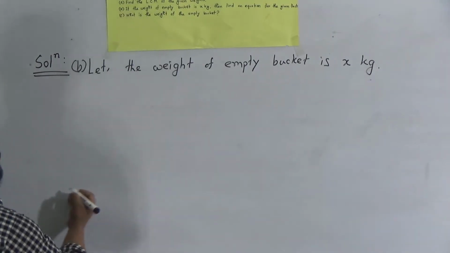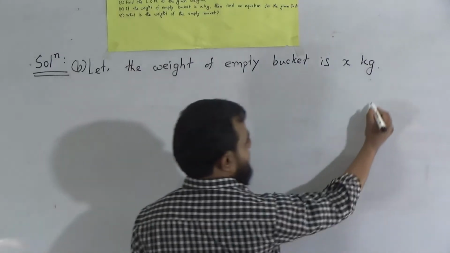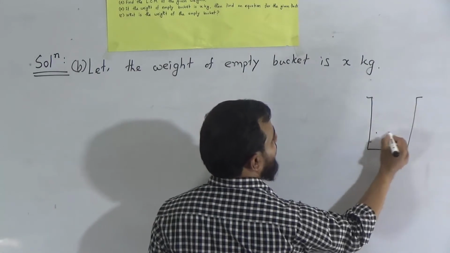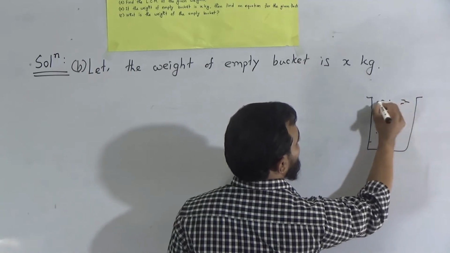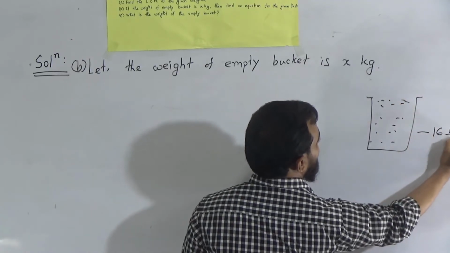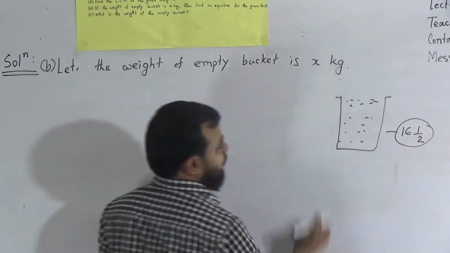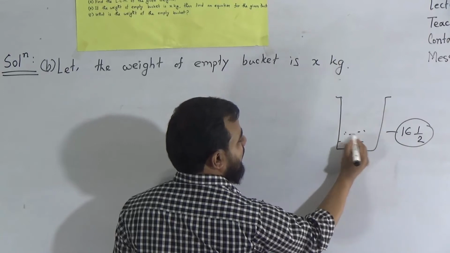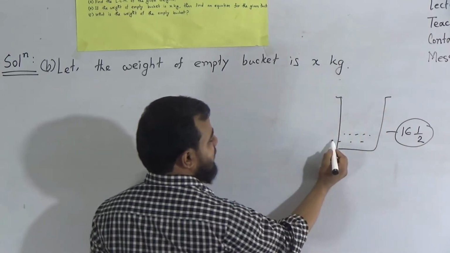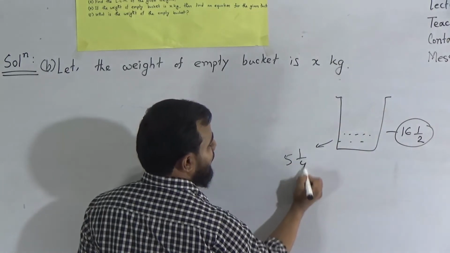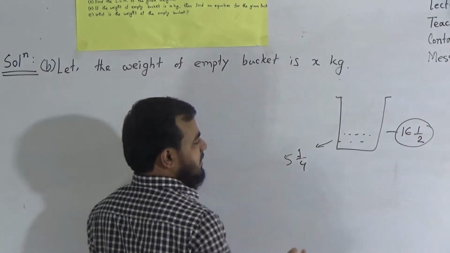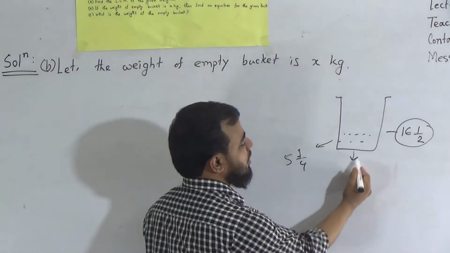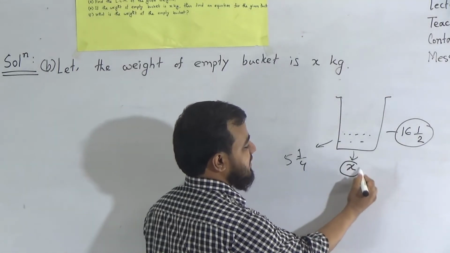How? Look, suppose this is a bucket. When this bucket is full of water, its weight is 16.5 kg. But when this bucket is 1/4 full of water, then its weight will be 5 and 1/4 kg. But this bucket has a specific weight, and that weight is x kg.